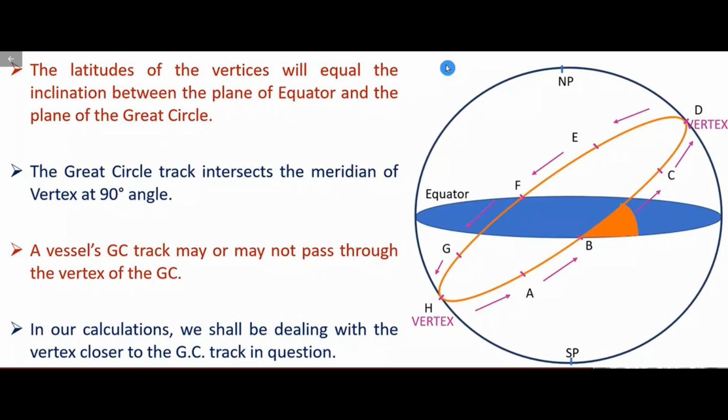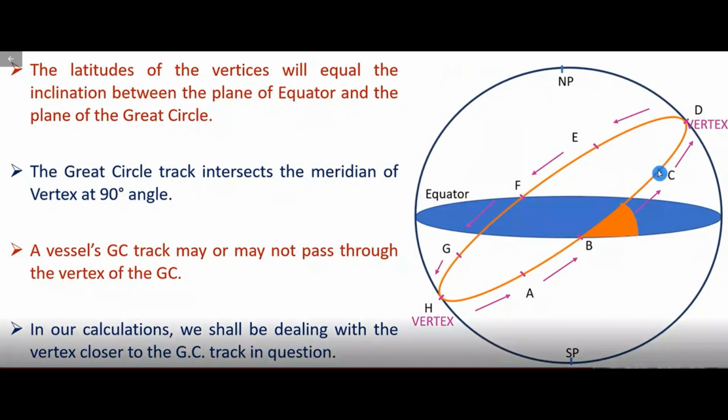So if it lies between our track, let us say if you are going from C to E, then there is no confusion at all. The delta vertex will be the closer vertex. But if you are going from Bravo to Charlie, B to C, then the delta vertex or the hotel vertex both are outside our track.